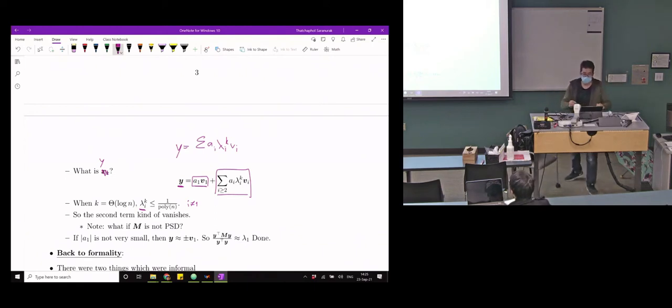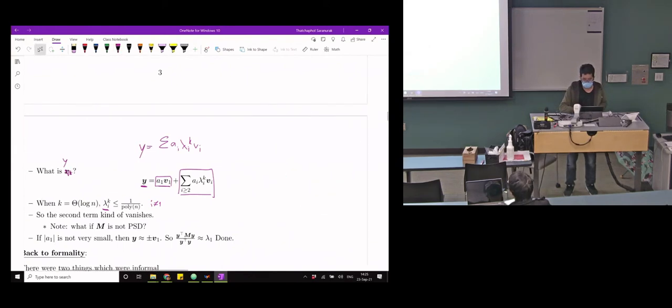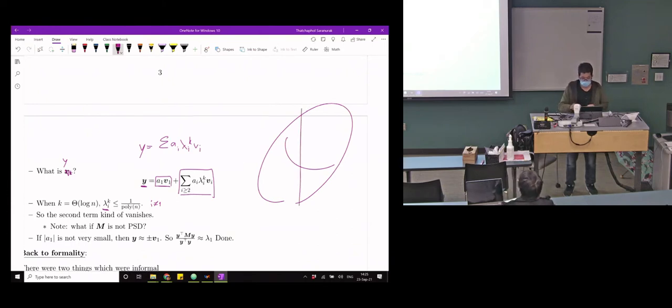Basically, let's say this is an ellipsoid. When you choose a random x, maybe it's in this direction.